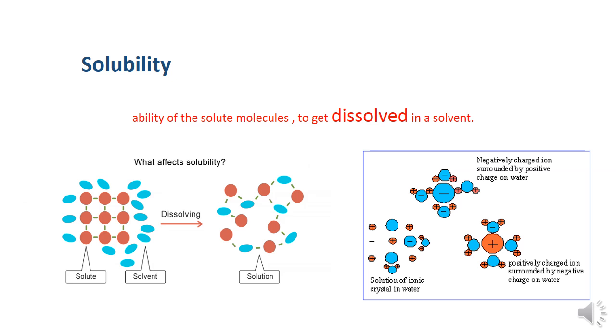Now let's take the example of a solution which has the most common and universal solvent, that is water, and the solute molecule is NaCl. Now Na+ of NaCl will get surrounded by O− of H2O, and similarly the Cl− of NaCl will get surrounded by and form bonds with H+ of the H2O, and the end result would be that this NaCl solute will be soluble in the solution which has water as a solvent.